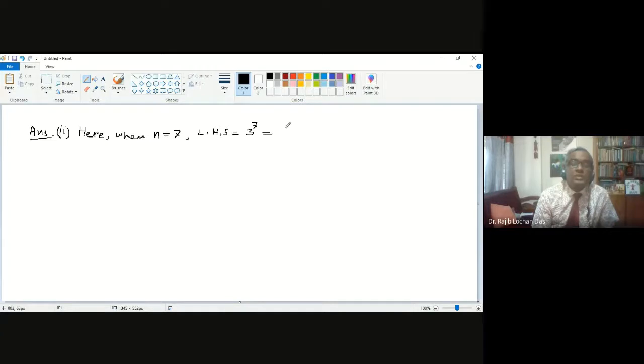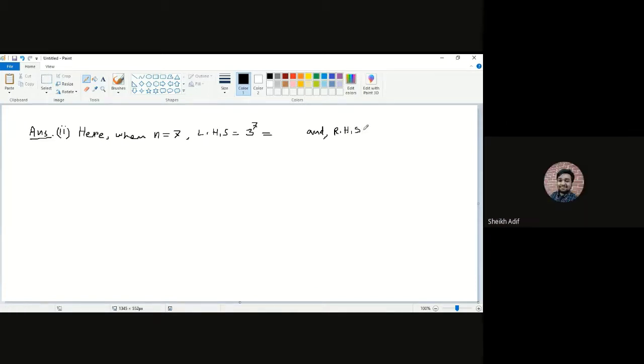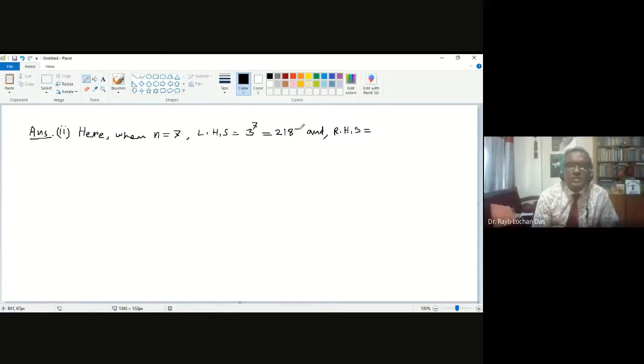So what is the value of 3 to the power 7? That is 2187.